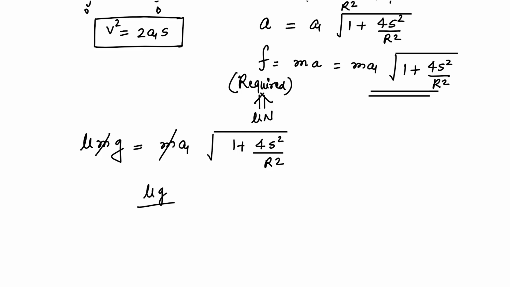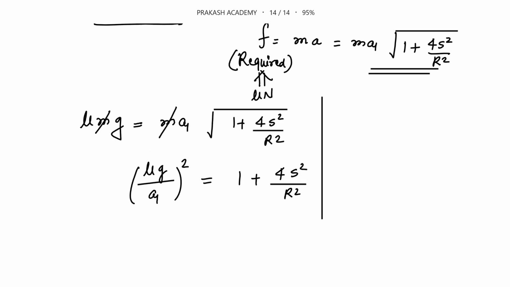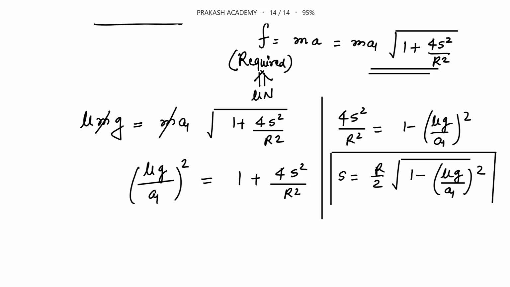So this will be (mu g by a1) whole square = 1 plus 4s square by r square. Or you can write 4s square by r square equal to (mu g by a1) whole square minus 1.